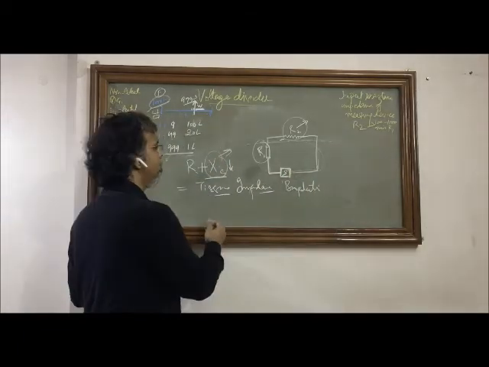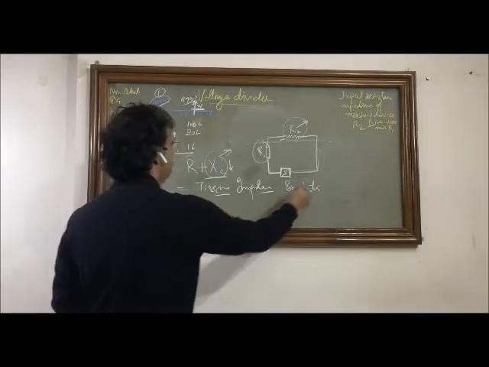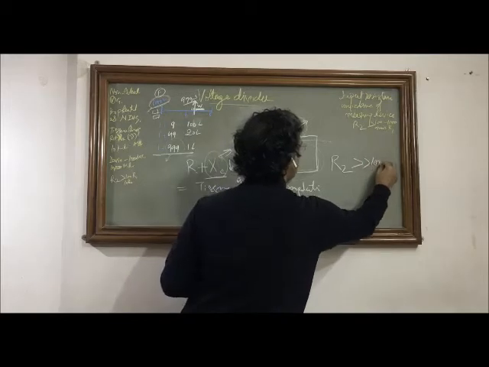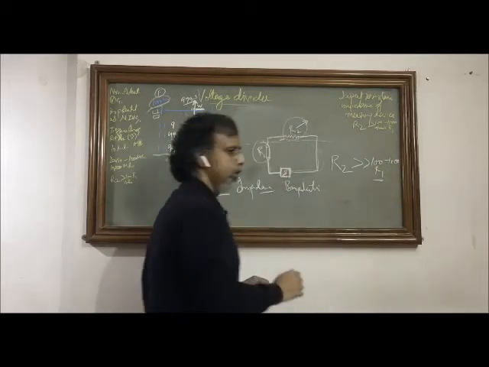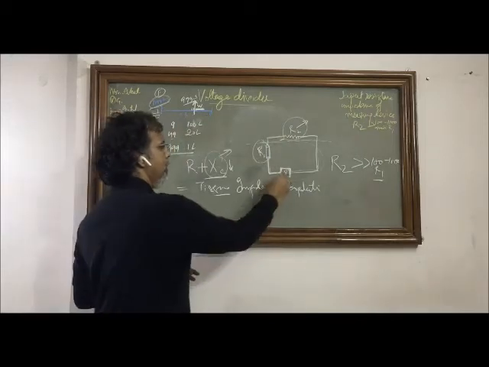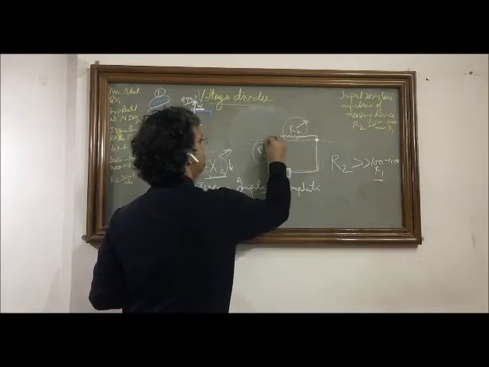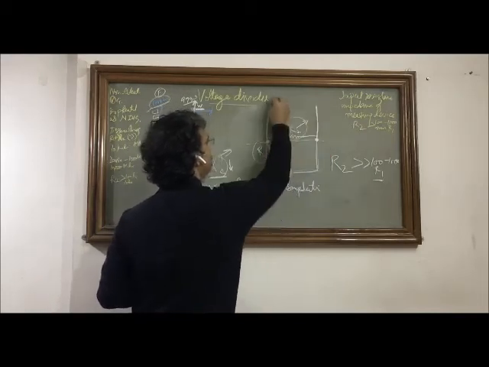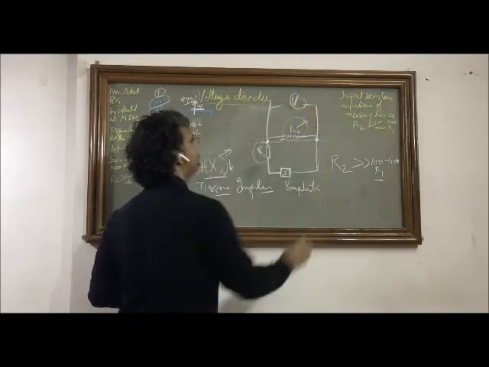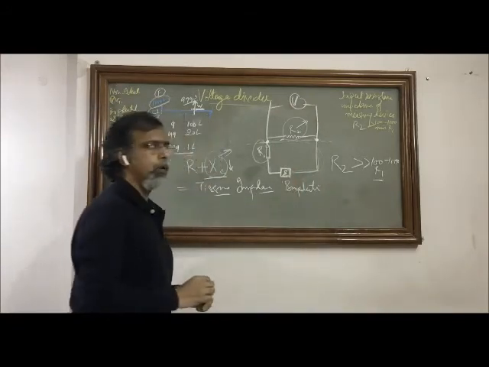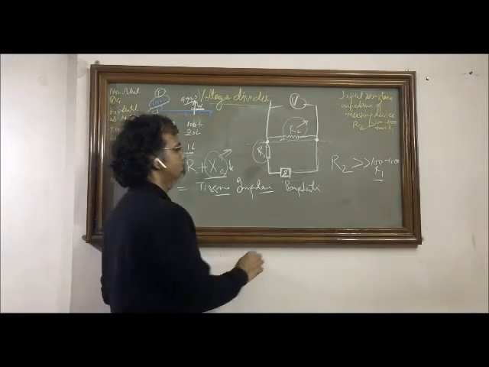So based upon the same principle, if R2 is very high, let's say 100 to 1000 times higher than R1, then practically at these 2 points we get a voltage almost equivalent to the voltage of the biopotential or the source potential.